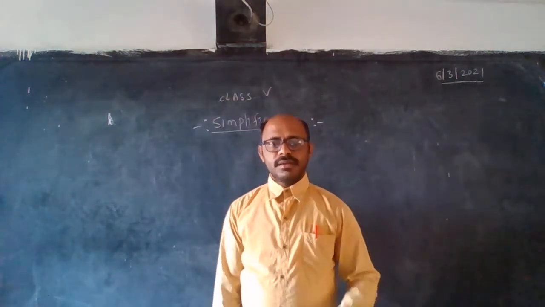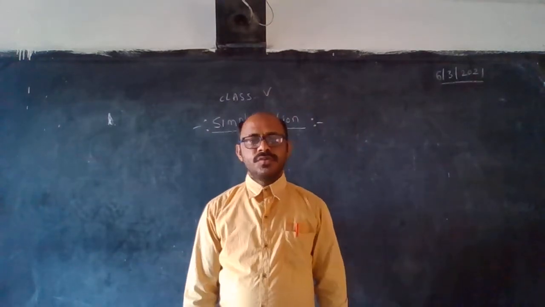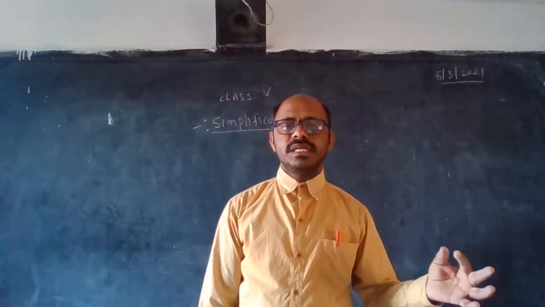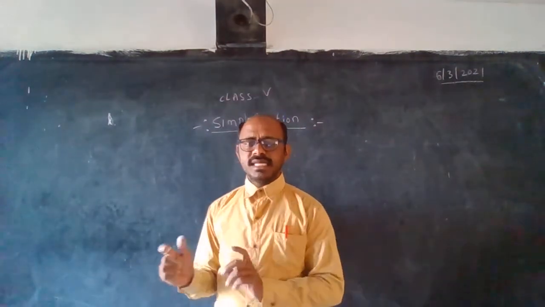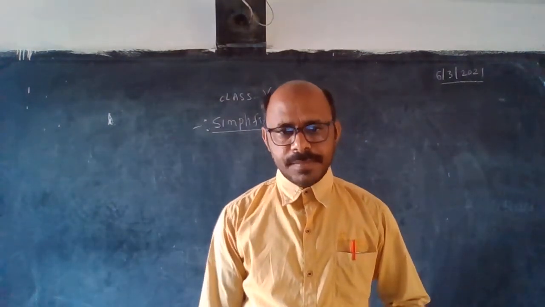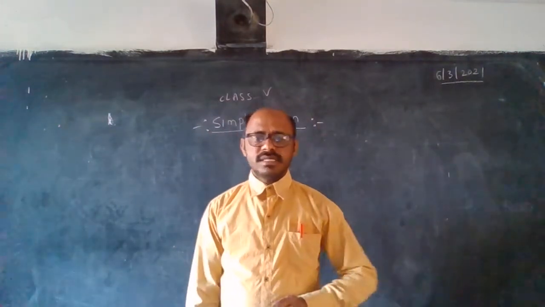But leave the fractions topic. Now we are discussing only 4 topics: addition, subtraction, multiplication and division. Till now we discussed them all singly. Addition is a separate chapter, subtraction is a separate chapter, and multiplication and division are also separate chapters.